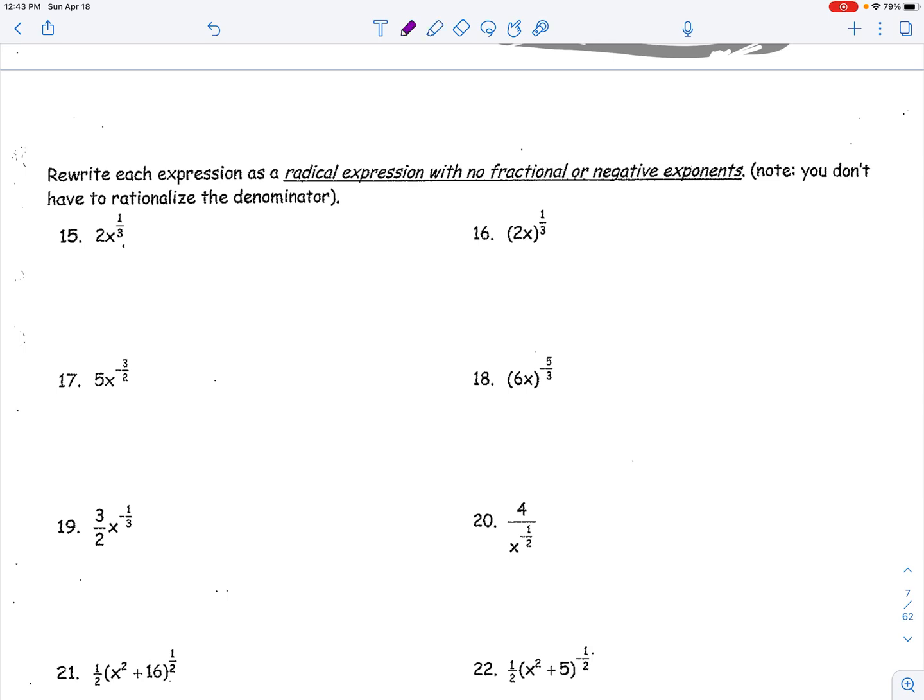So number 15 here, guys, this is 2 times x to the 1/3, right? 2x to the 1/3 power is 2 times x to the 1/3 power. So that's 2 to the first. 2 is not being raised to the 1/3 power there.